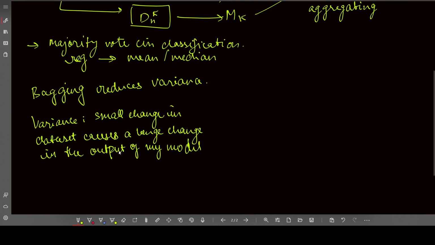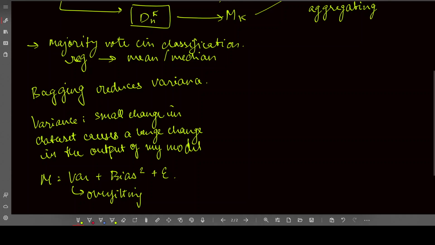Variance is basically the error you get from a model. If you remember, the model error can be defined as variance plus bias squared plus some random error. Variance relates to overfitting. If you don't know this, you can watch my video on the bias-variance trade-off, where I've covered all of this.